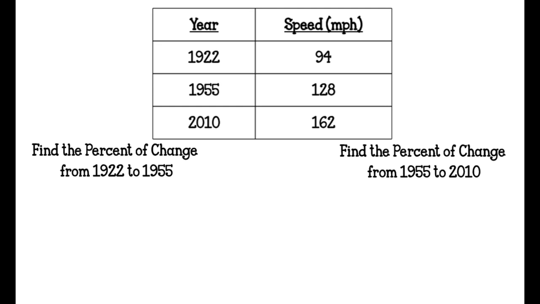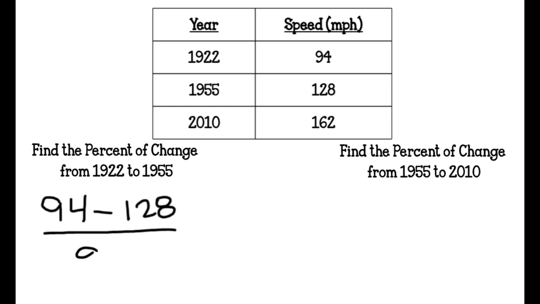Okay, here they gave us two problems in one. So it says to find the percent of change from 1922 to 1955. So original amount was 94 miles per hour. I wonder if this is how fast planes go. I don't remember the context of this problem. So 94 was 1922, 1955 is 128, divided by the original, which is 94.